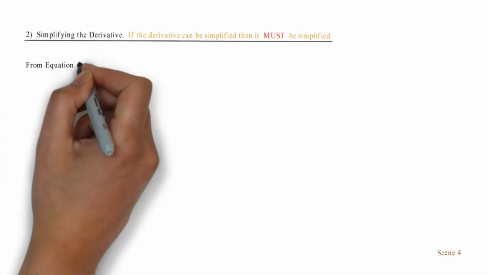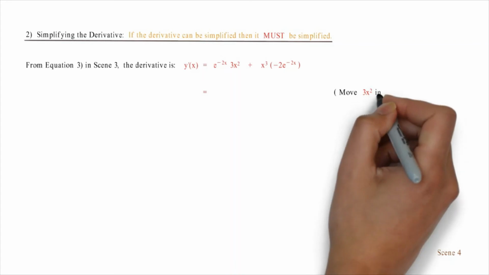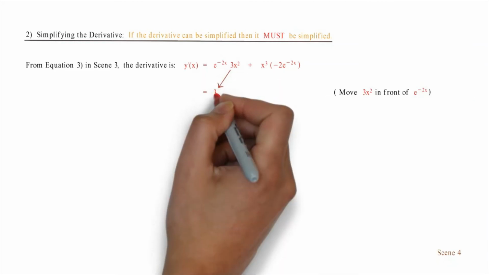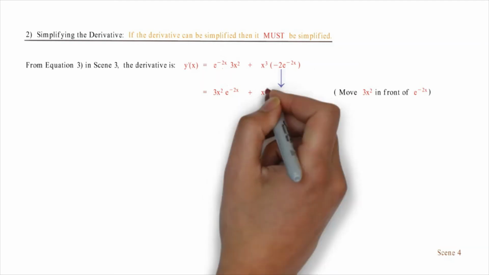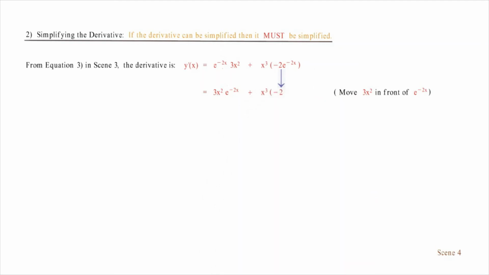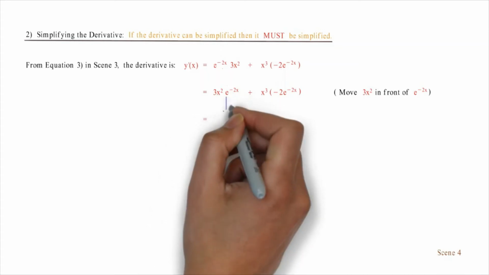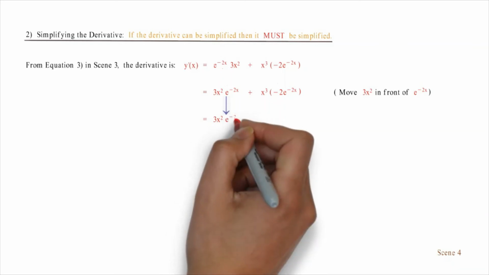From equation 3 in scene 3, the derivative equals: move 3x squared in front of e to the minus 2x. 3x squared e to the minus 2x plus bring down x cubed times minus 2e to the minus 2x equals bring down 3x squared e to the minus 2x.